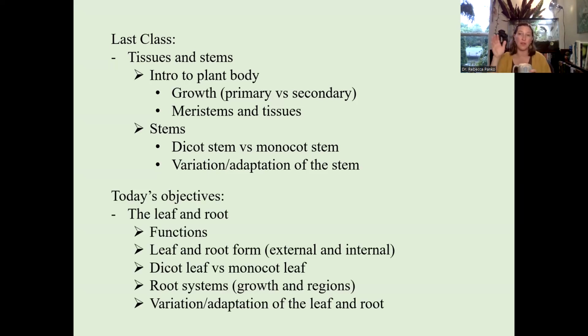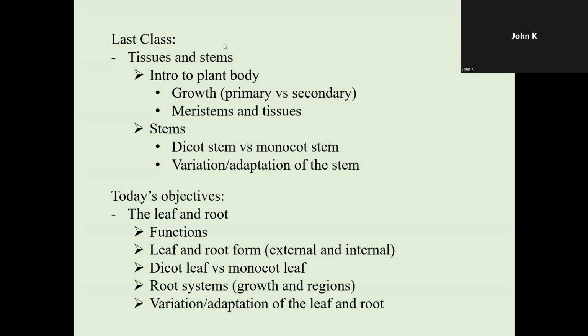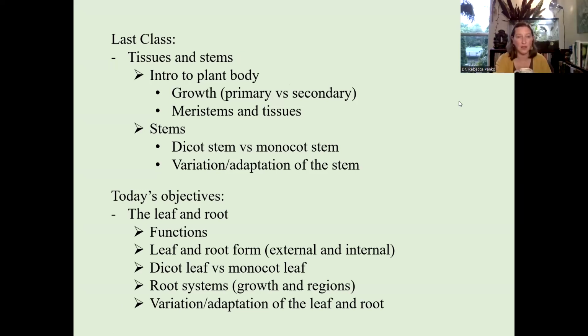Today we're going to talk about the leaf and the root, functions of the leaf, functions of the root, leaf and root form, what they look like on the outside, what they look like on the inside, dicot versus monocot leaf, and then different types of root systems, and then variation and adaptation of the leaf and the root.